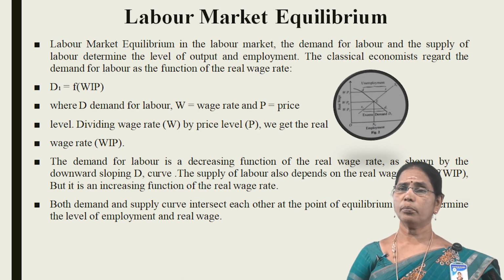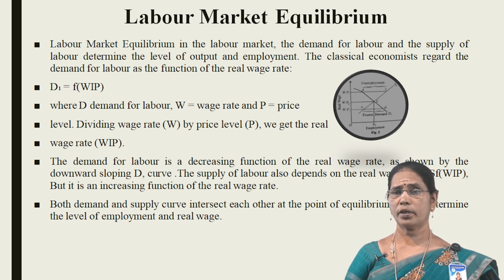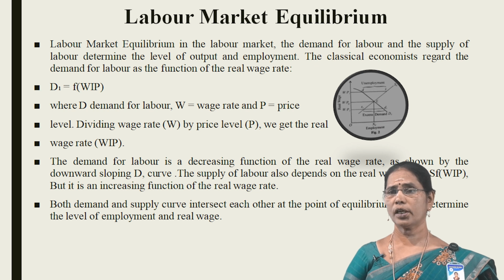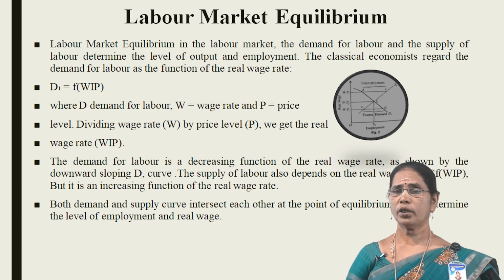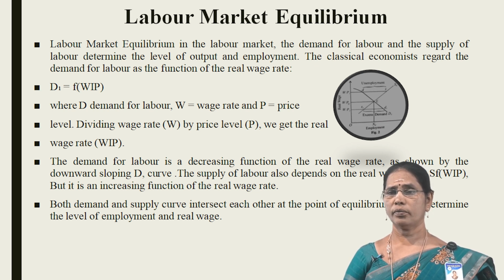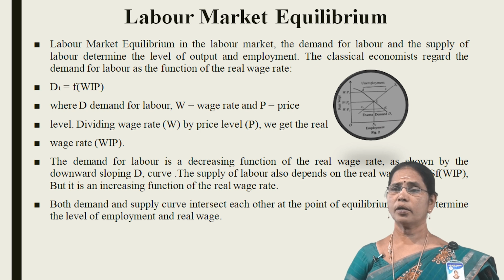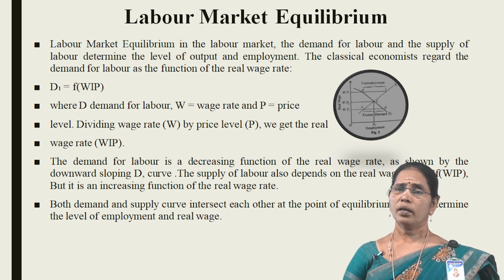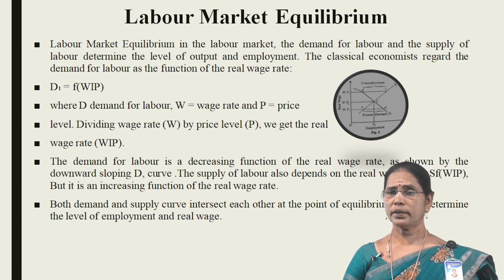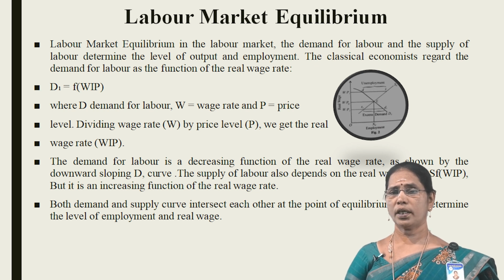Labor market equilibrium. In the labor market, the demand for labor and the supply of labor determine the level of output and employment. The classical economists regard the demand for labor as a function of the real wage rate. D is a function of W divided by P, where D is the demand for labor, W is the wage rate and P represents price. Dividing the wage rate by the price level, we get the real wage rate.